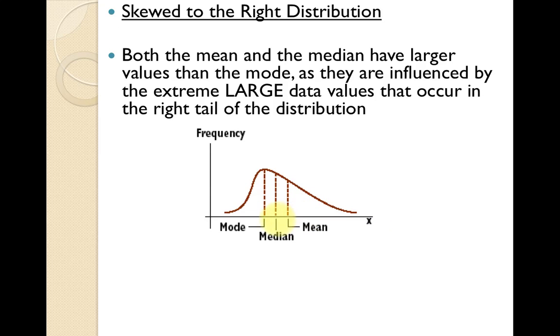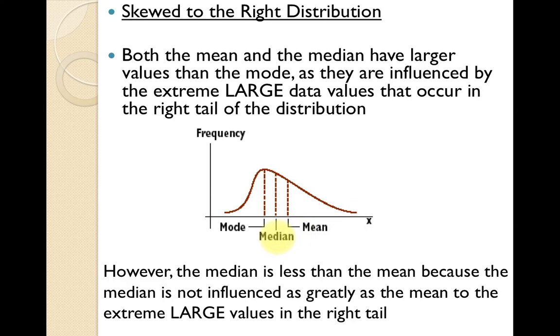Because of that test score of 100, the mean is inflated, right? Imagine you're adding up 5 test grades, all of which are 70, but the last one is 100. You're going to have an inflated mean. It's going to be greater than the other data values, the 70s, because of the calculation involving the 100.